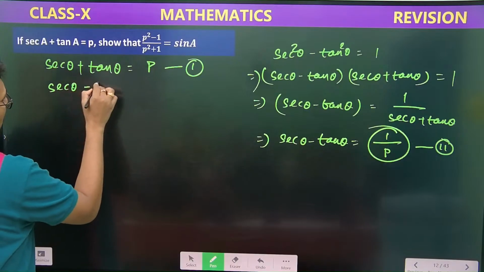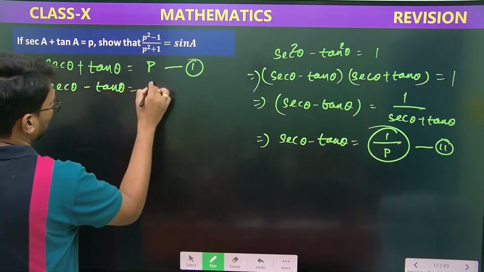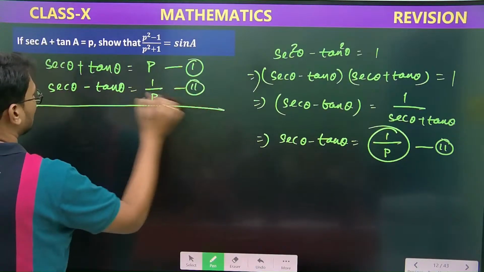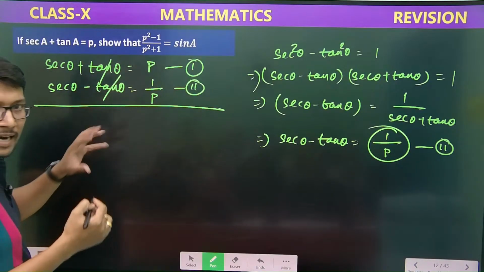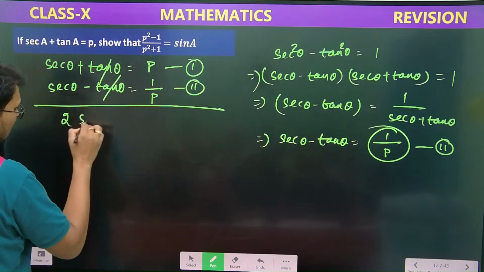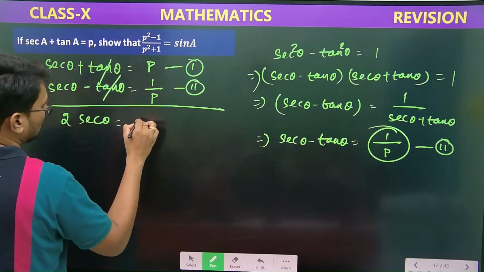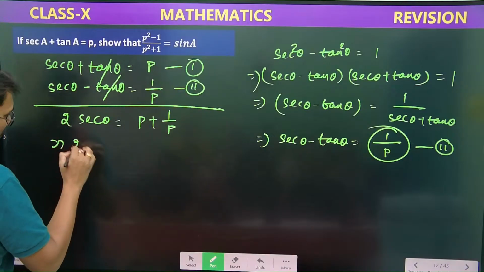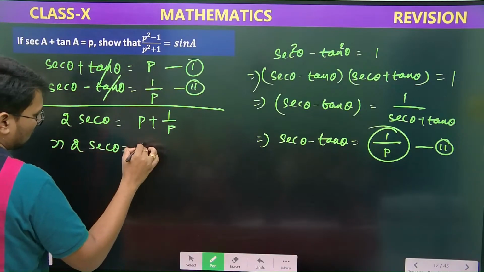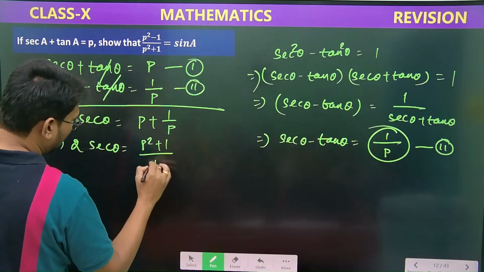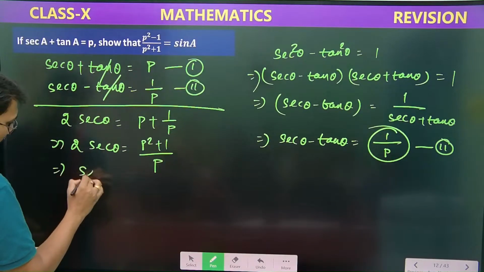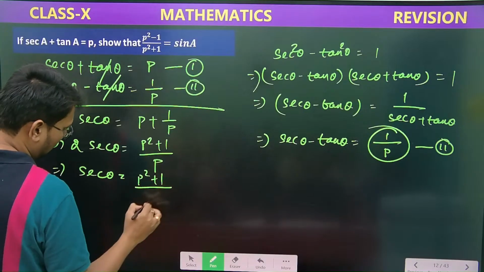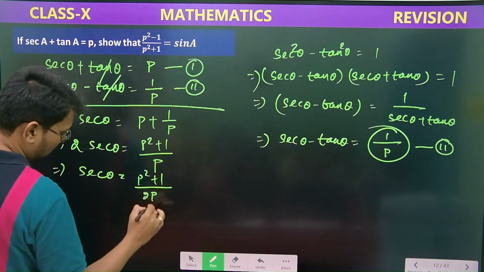Sec theta minus tan theta equals to 1 by P. That is equation 2. Adding, so I will get tan cancelled. While adding, tan cancel, left 2 sec theta equals to P plus 1 by P. Hence 2 sec theta equals to P square plus 1 by P. So sec theta equals to, you know bacho, P square plus 1 by P into 2 means 2P.